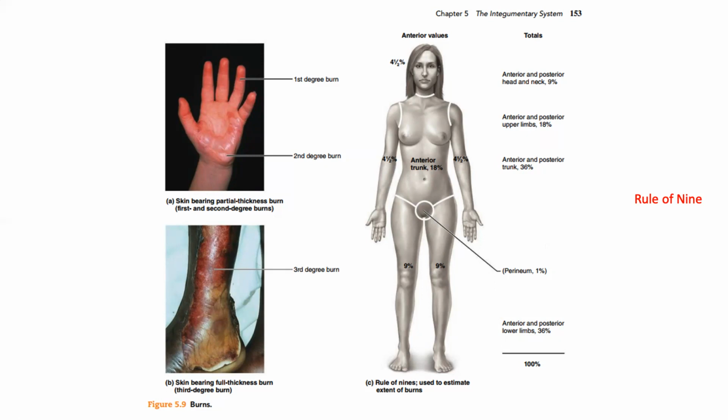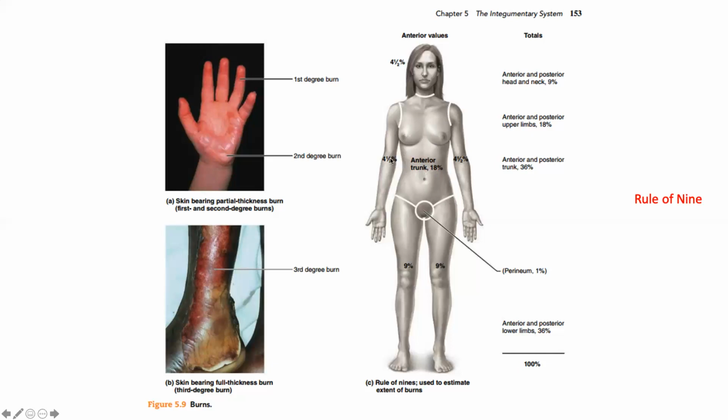Which means the anterior aspect of the torso, including chest and abdomen, we have 18%, which means the surface area of the skin will be like 18 handbreadths on the chest.